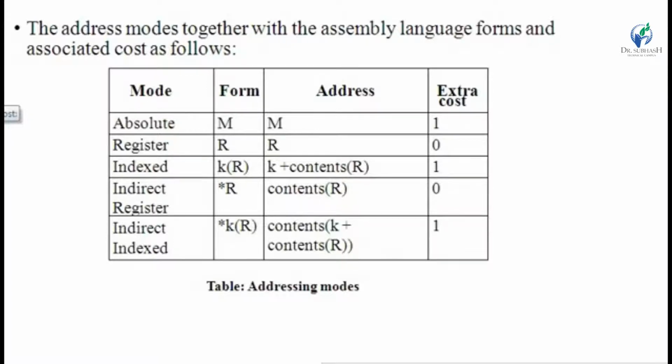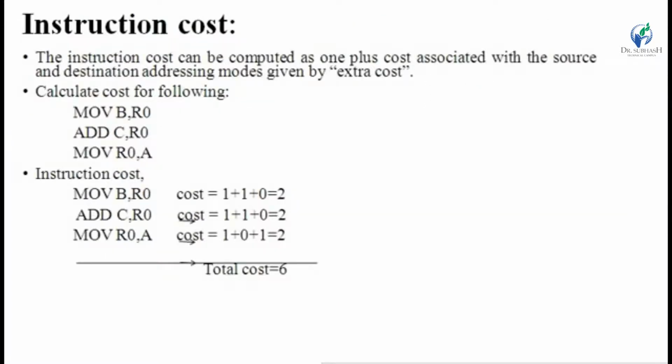For example, the instruction cost can be computed as 1 plus the cost associated with the source and destination addressing modes, given by the extra cost.